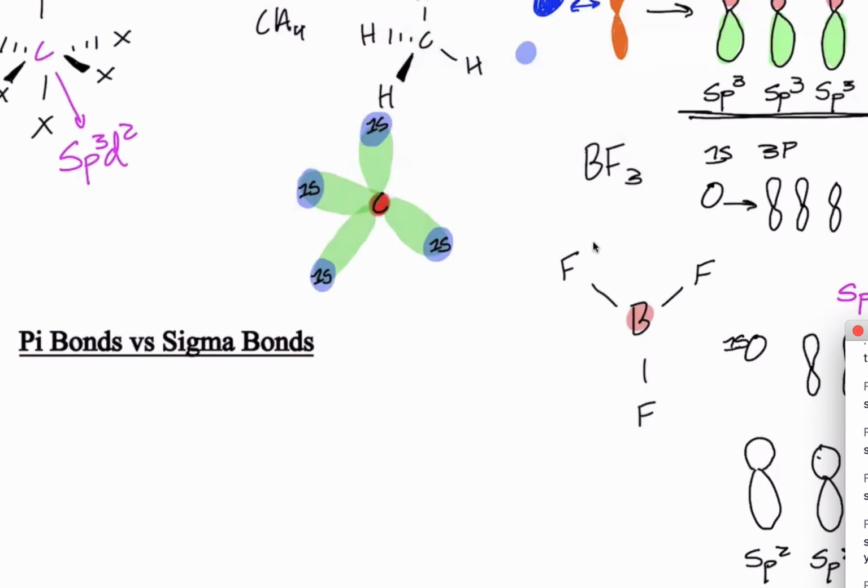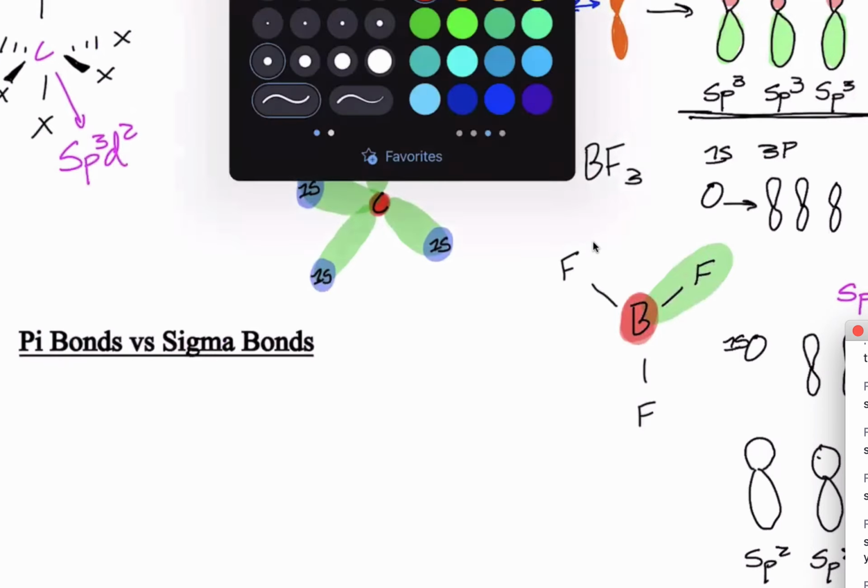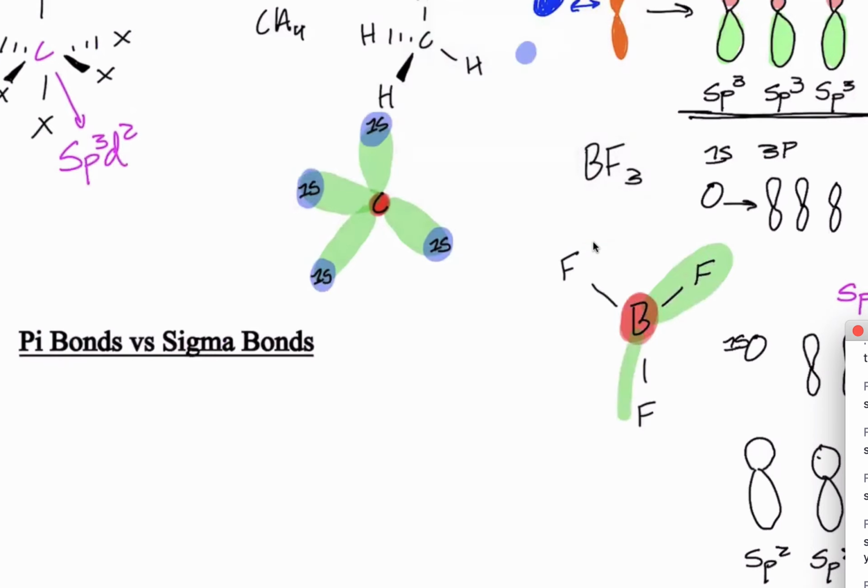So the way that's going to look is you have the larger s character of that sp or sp2 hybridized orbital, and then that's going to stick out, like so.